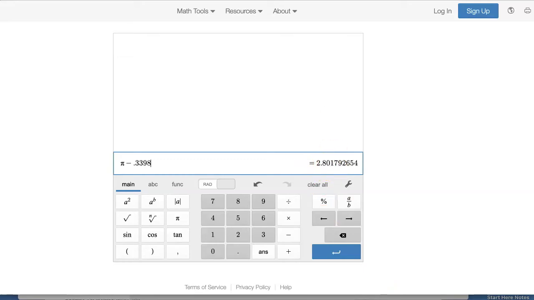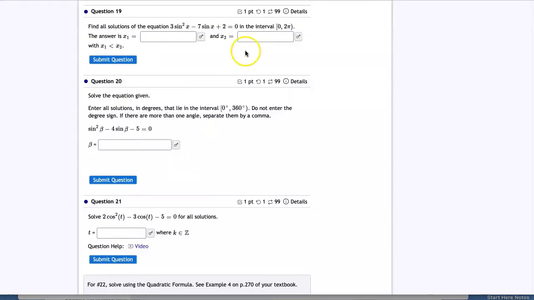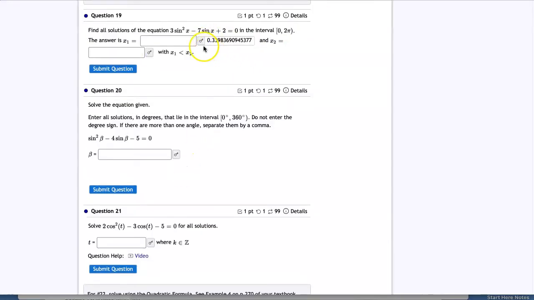And now go back to my open math, and my values are 0.3398 and 2.8018. It didn't tell me where to round.